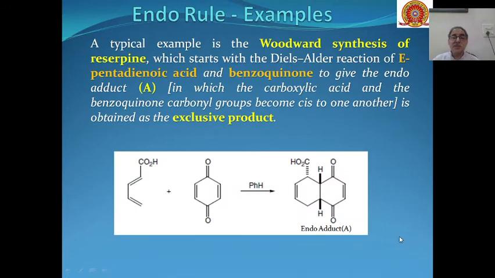Then some examples of Alder's endo rule, and a typical example is Woodward's synthesis of reserpine. Reserpine is a very important alkaloid, and the synthesis of reserpine starts with a Diels-Alder reaction of E-pentadienoic acid, this one, and benzoquinone, this one, and the product formed is an endo adduct formed by Diels-Alder reaction of this diene and this dienophile, and this is the only product which is formed.